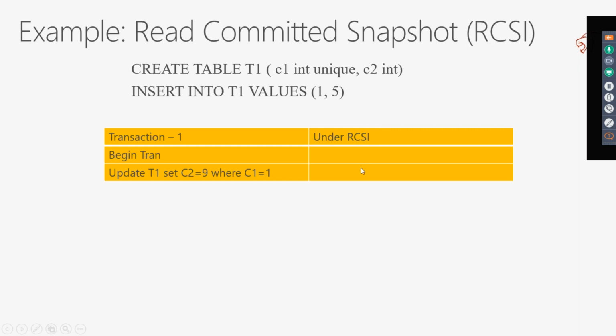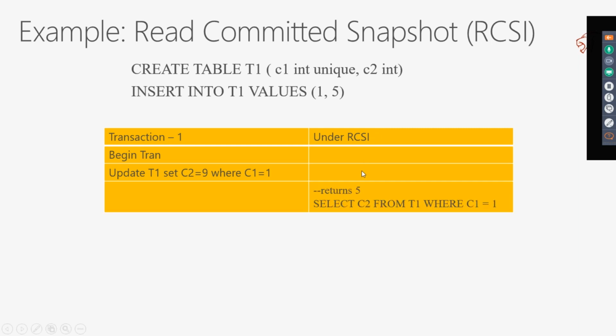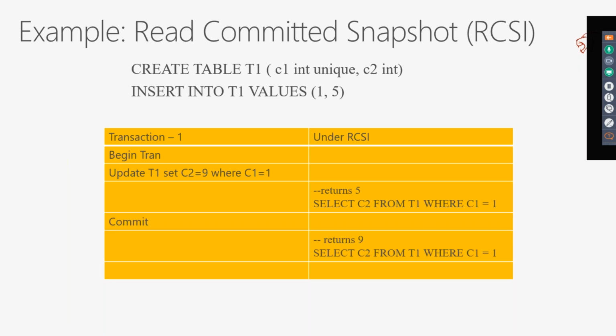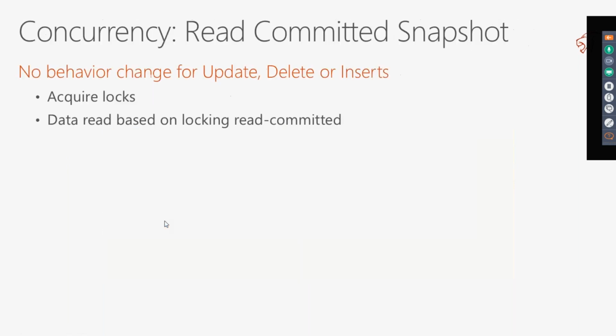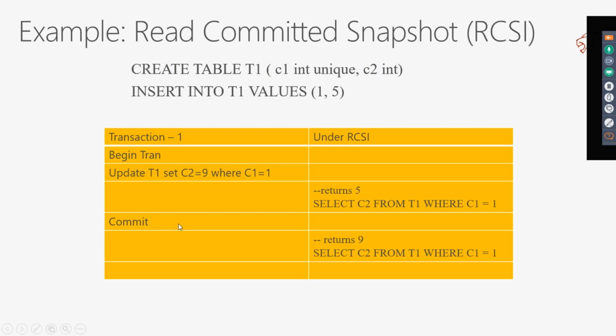Now if I run under RCSI and I run the query select C2 from T1, it will return 5, because that was the value of C2 before it was updated to 9. Now once transaction 1 commits, if I run the same query again, I will get 9, because now the new committed version is the blue version, not the red version.